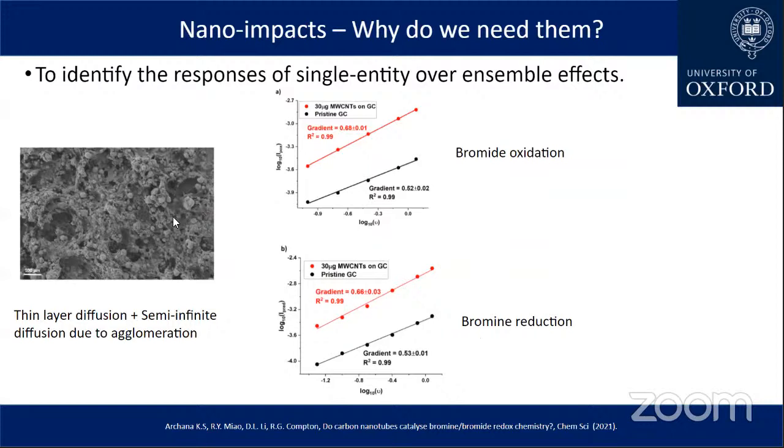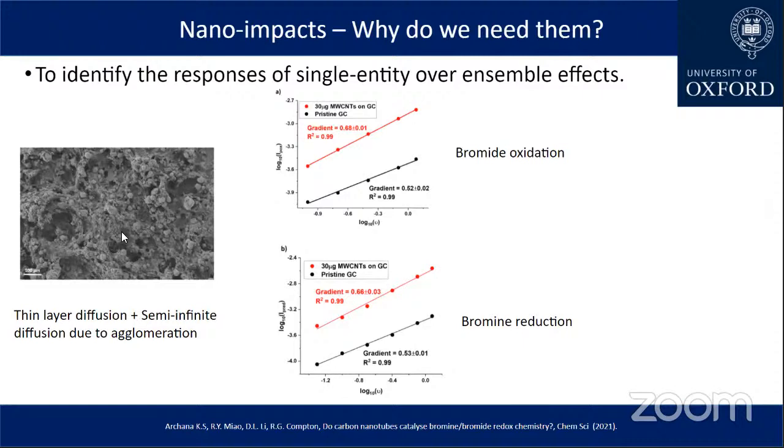The answer is, as we have already seen in the SEM image, we could see huge agglomerations of carbon nanotubes tangled together, because though the diameter is in nanometers, their length is a few microns. So the possibility of these carbon nanotubes getting agglomerated on a carbon surface is huge.